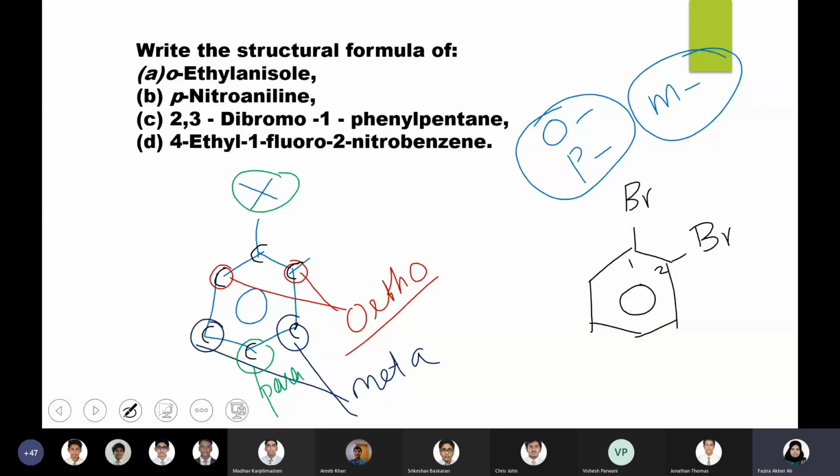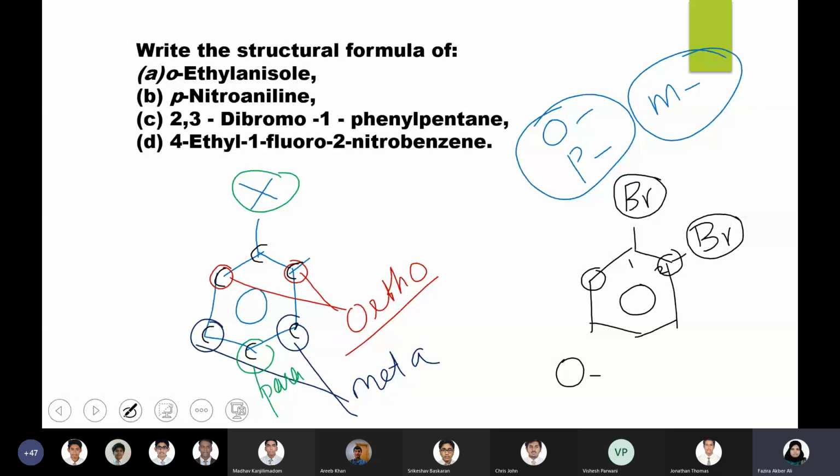Because in IUPAC we used to number the position of the carbon. So how can you name the same compound in common naming? So what is this position? If I consider this as the first functional group, the second functional group is on the ortho position, right?